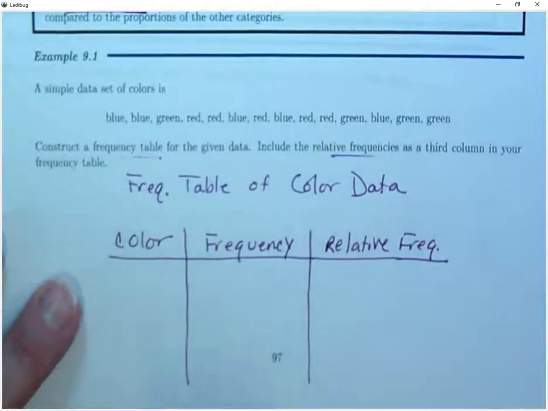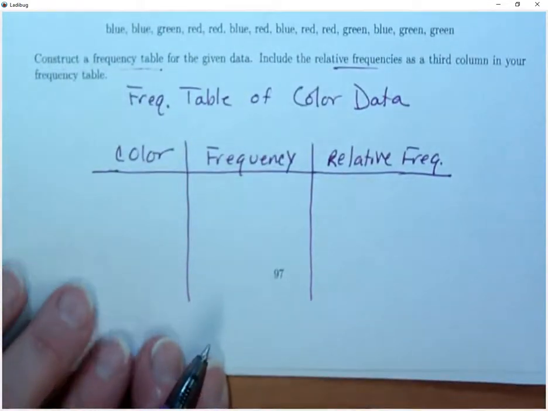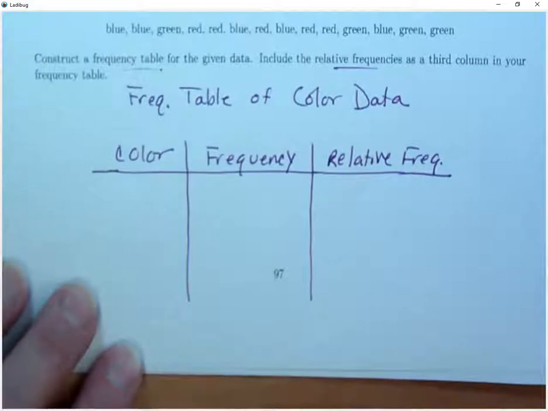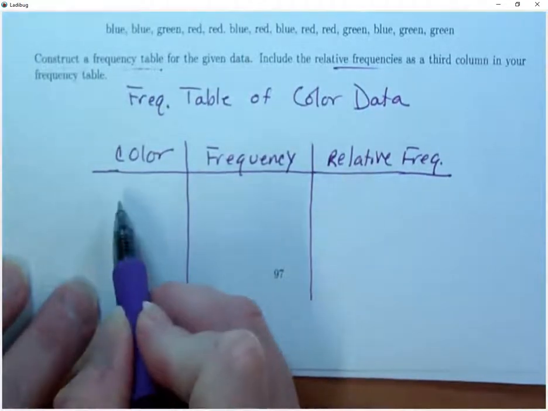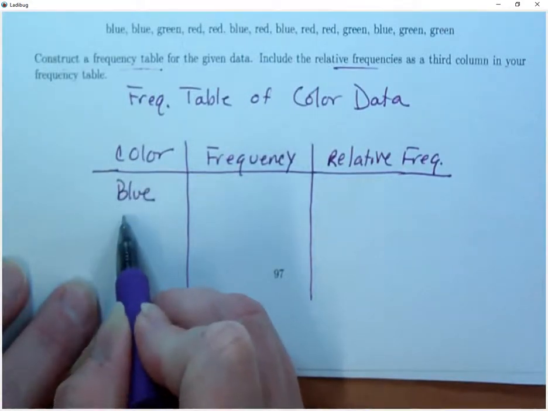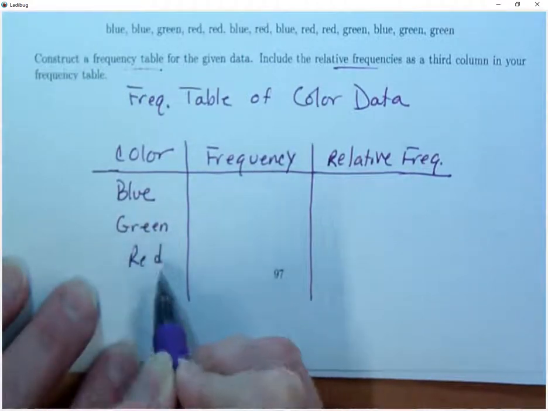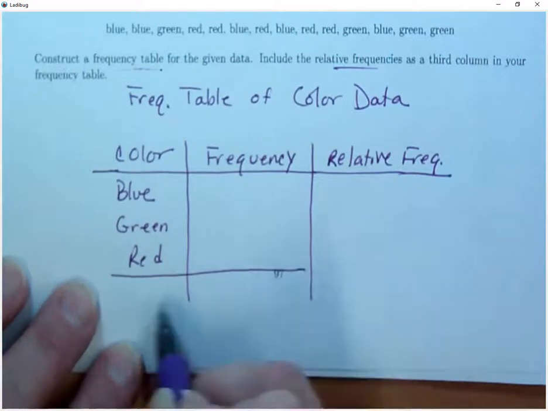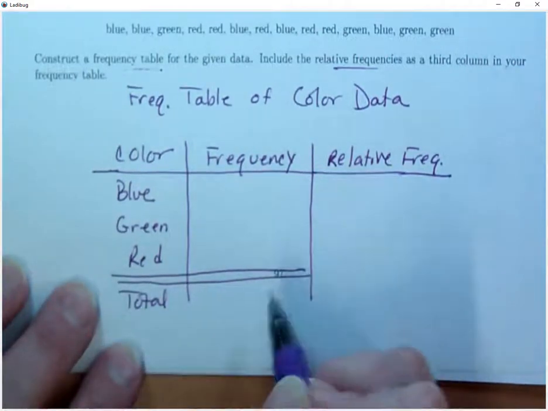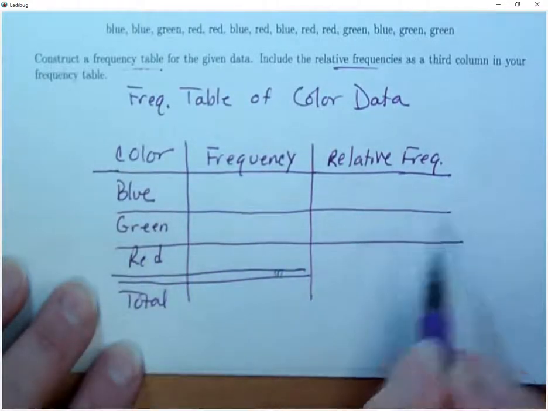Now this one, I don't really need my straight edge so much, but when you're doing the graphs, you probably want that. You might even want to use graph paper. So here I have blue, green, and red are my colors. You can just use first letters too. And then I might want to figure out the total also. I'm going to put a double line there. So I'm going to go all the way across.